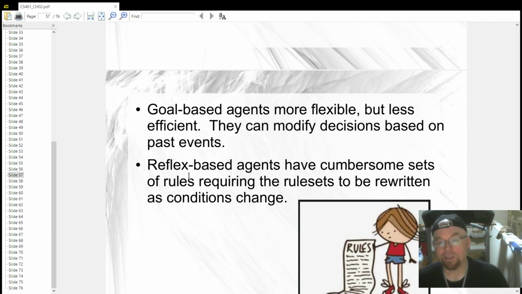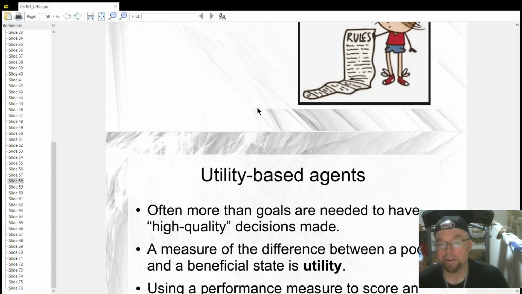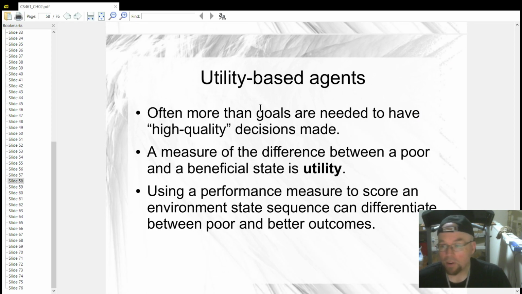Like I was saying, those reflex-based agents are just sets of rules, and as conditions change, you'd have to rewrite those rules. You'd have to reprogram it to deal with different scenarios or different situations that crop up in the environment. So goal-based agents are more flexible, but it takes more resources to actually reason. All right, so let's move on.